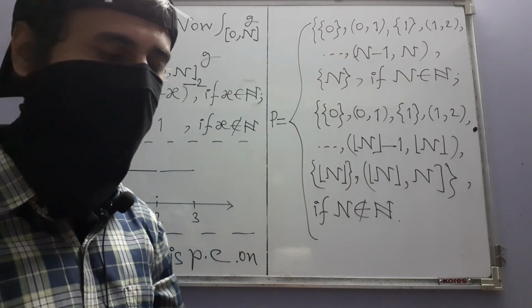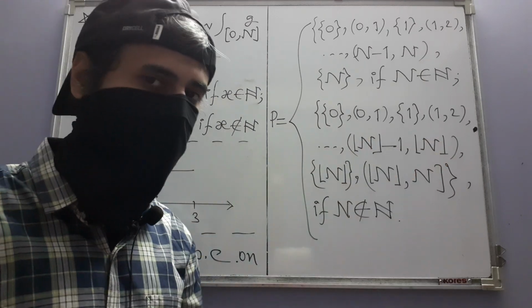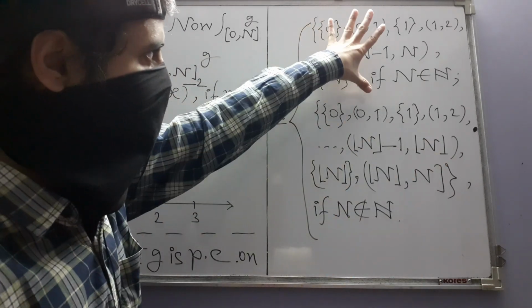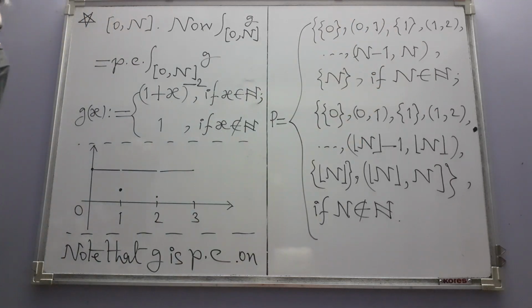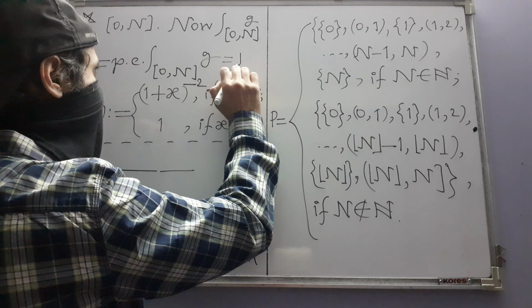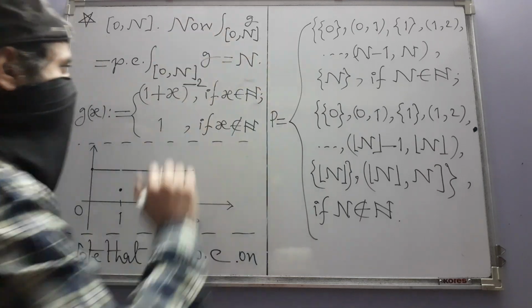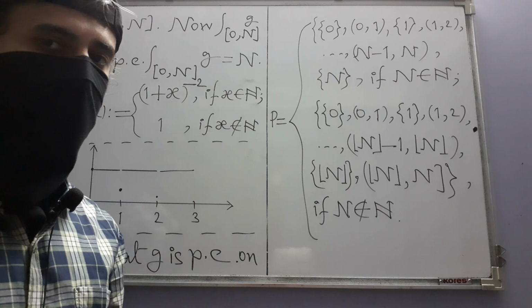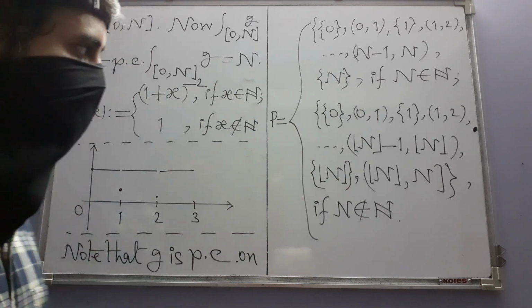N number of intervals. So n number of ones you get, and their sum. So in this first simpler case, you can clearly see that the integral is n. But is that also n in the second case? That's what you have to understand.